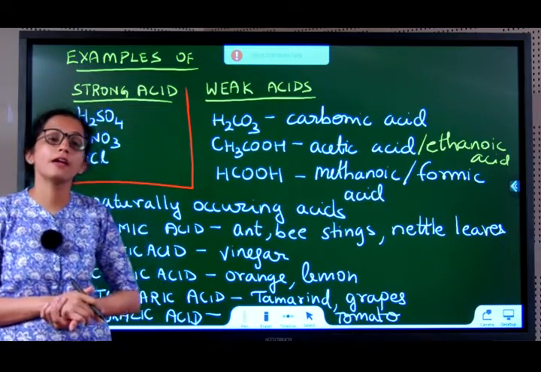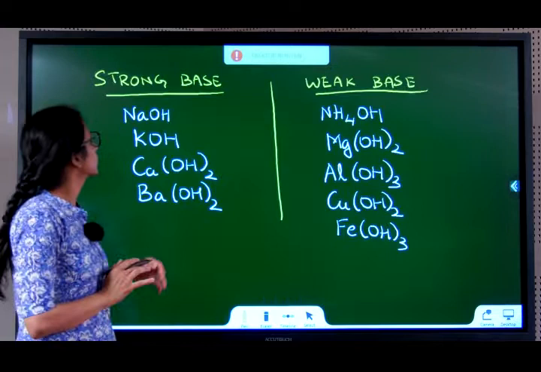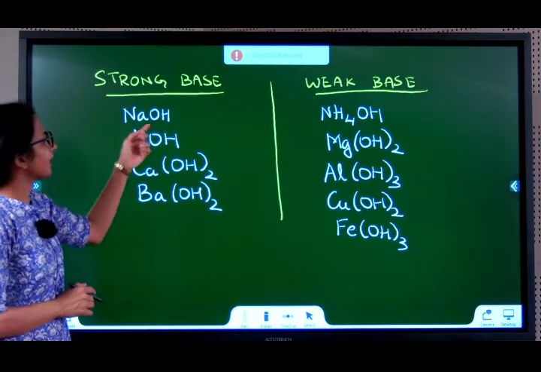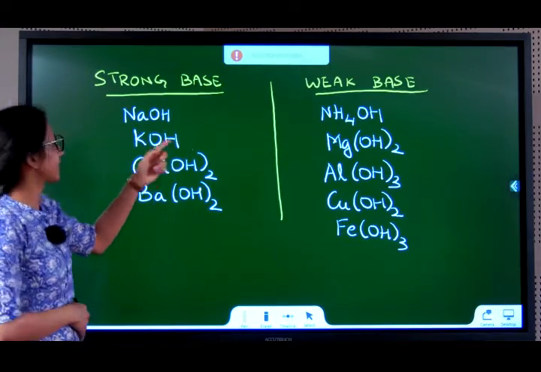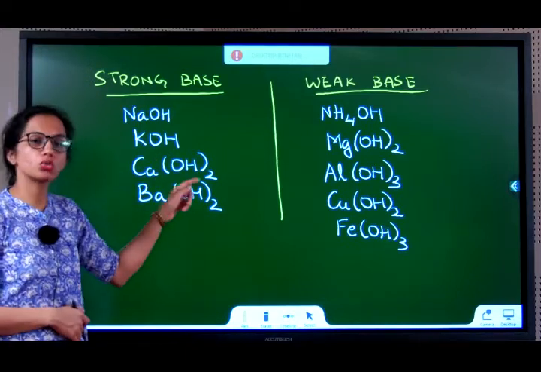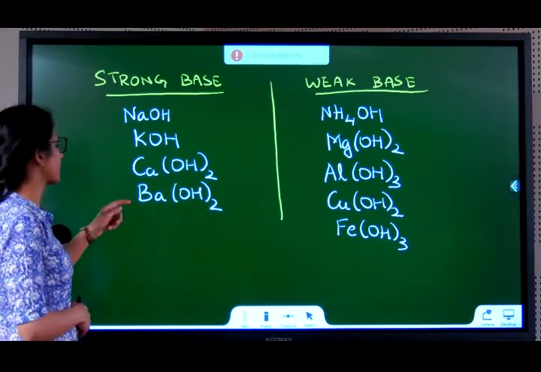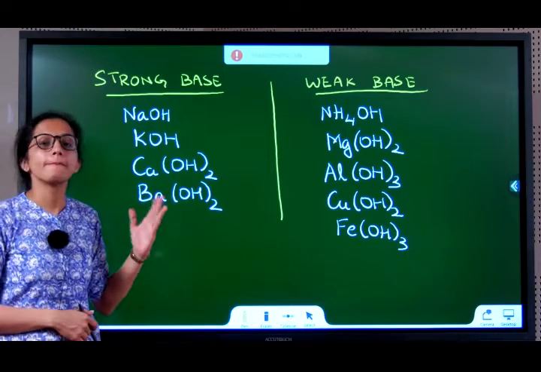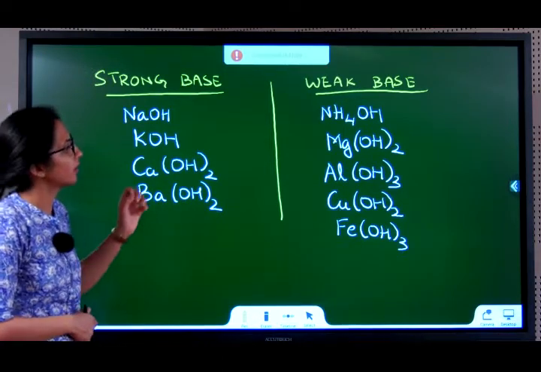Let's now check out bases. Strong bases: NaOH, sodium hydroxide, KOH, potassium hydroxide, Ca(OH)2, calcium hydroxide, Ba(OH)2, barium hydroxide.